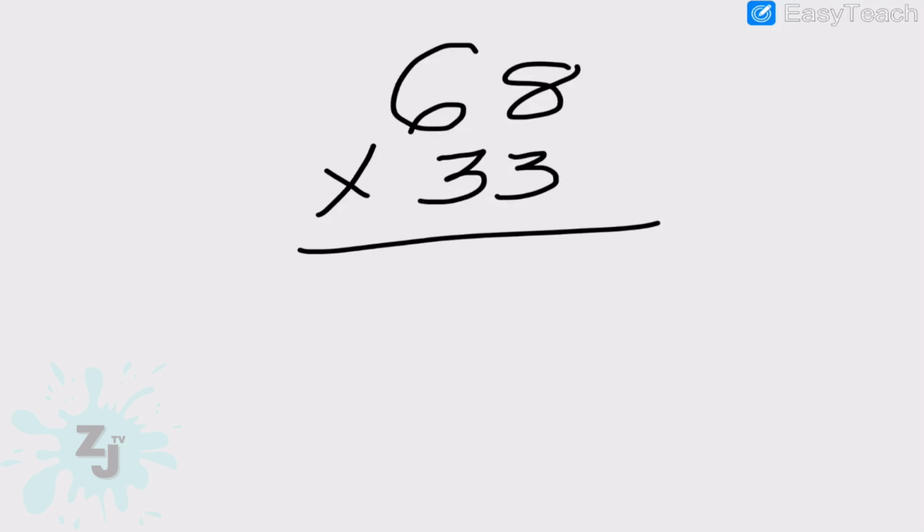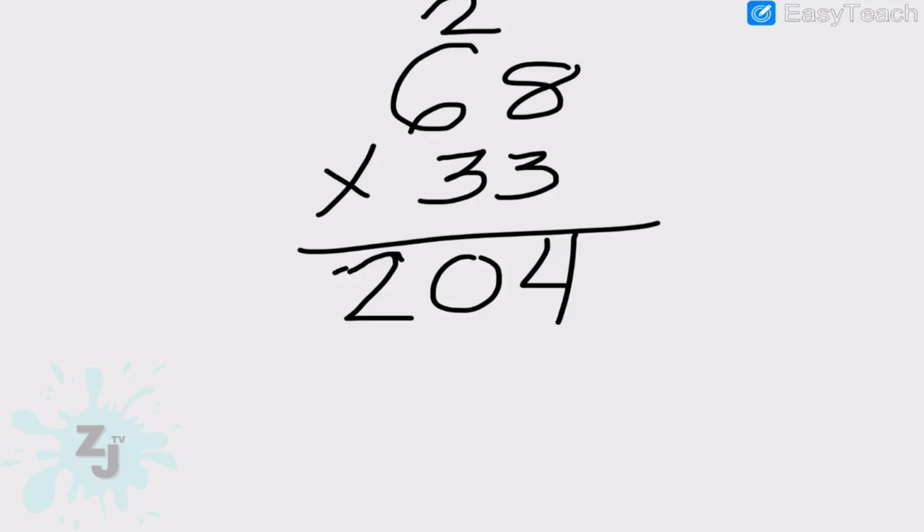8 times 3, 8, 16, 24. So we bring down 4. We carry 2. And next is 6 times 3, that is 6, 12, 18, plus 2, that is 20. Next we bring down a spacer or a 0. 8 times 3 is equal to 24.